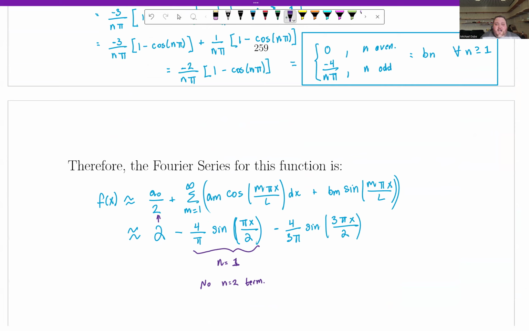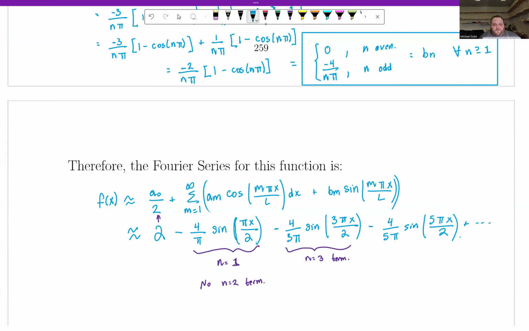Good. And this is our n equals 3 term. Okay, for n equals 4, there's no terms. Same as before. Then minus 4 over 5 pi sine of 5 pi x over 2, plus dot, dot, dot. This will continue forever. We're doing these 3 terms.